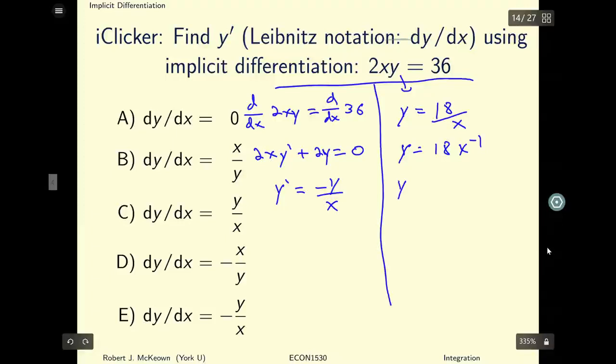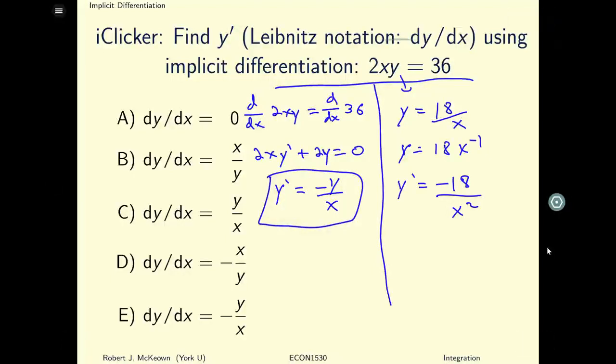Take the derivative, and we're going to have this expression right here. Presumably they will give us the same answer if we plug in the x's and y's. But remember, the question asked us to find this one, and so it looks like the right answer is E.